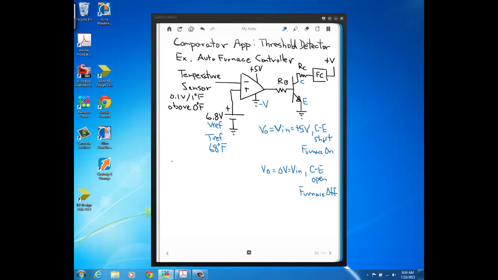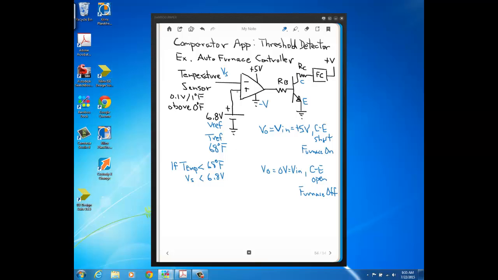First, let's say our temperature is less than 68 degrees Fahrenheit. That would correspond to the voltage that we have on this inverting input, and we'll call this VS, for sensor. That would mean that VS would be less than 6.8 volts.